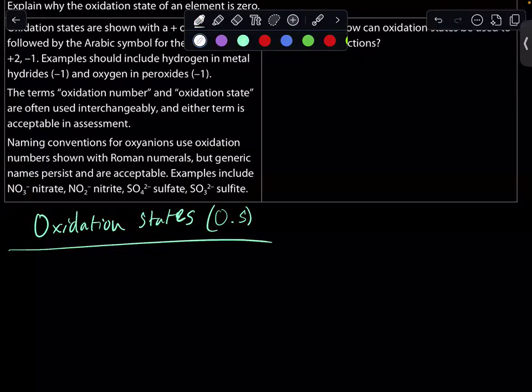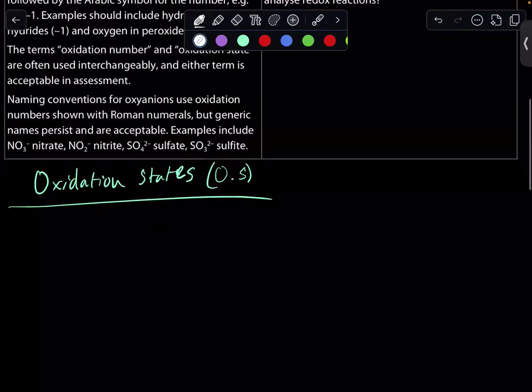So when we do any sort of compound formation, ionic compounds are quite easy to know the charges. In an ionic compound such as NaCl, we know the Na has a charge of plus and the Cl has a charge of minus. If we're using numbers, we'll do 1 plus and 1 minus, but we don't write the 1.